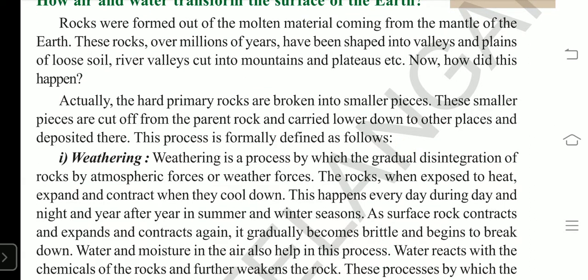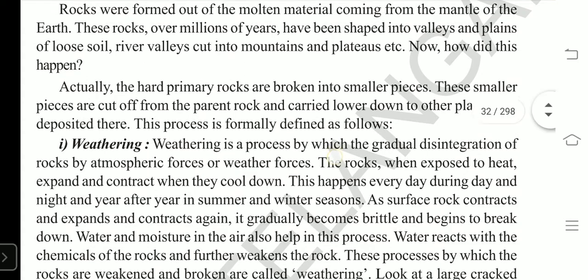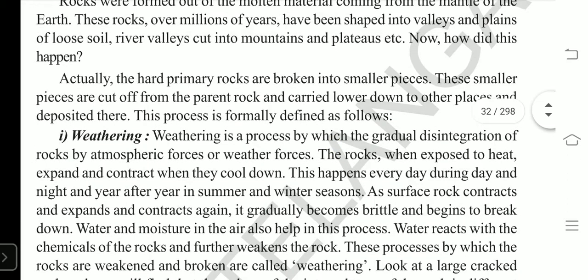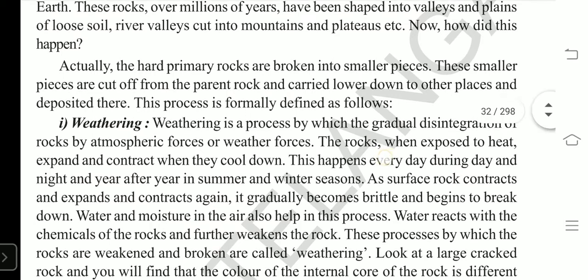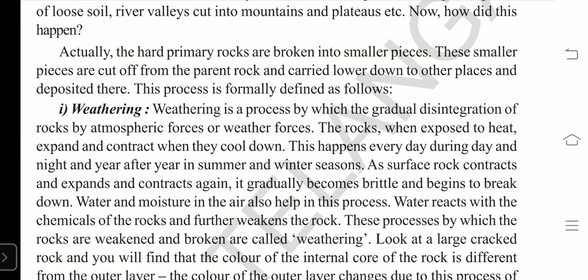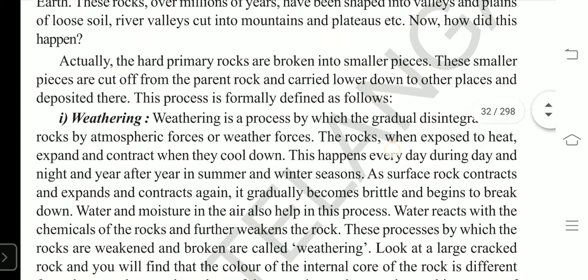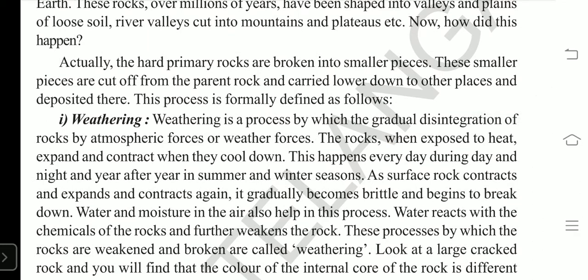Understand. So what happens in this process? From the beginning of the breaking of the rock into small pieces to the last stage where it is deposited, we see that several processes are involved: weathering, erosion, transportation, and deposition, right? Let us see what weathering is.